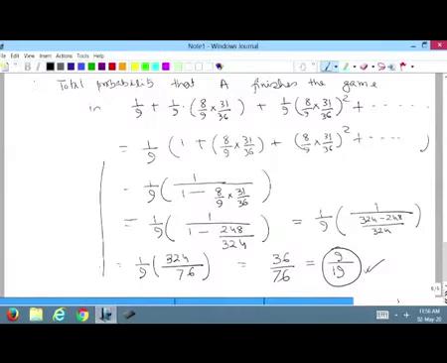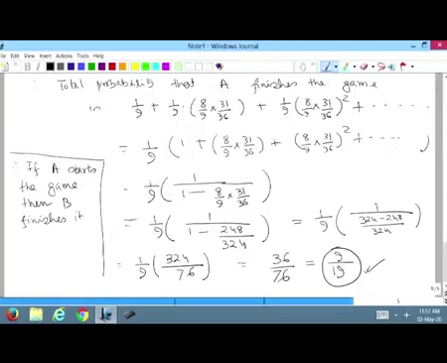Therefore, we can easily see that if A starts the game, then B finishes it has the probability 10/19.